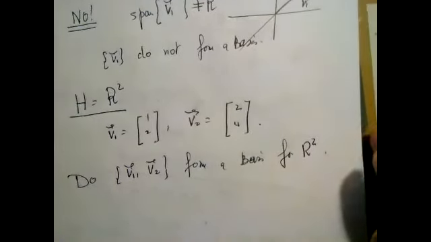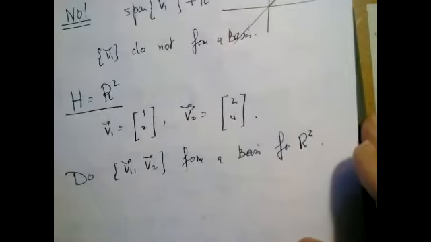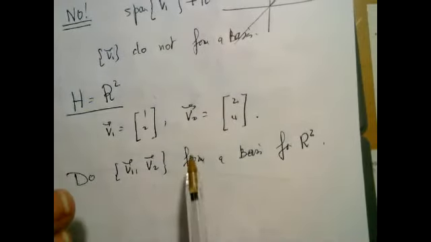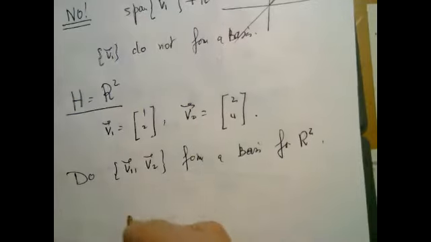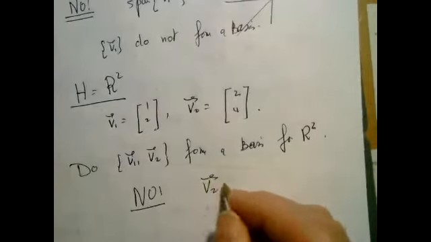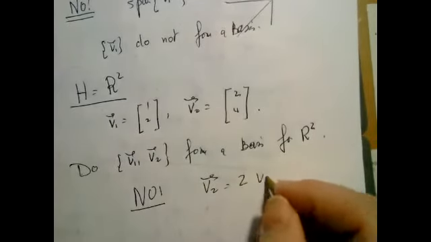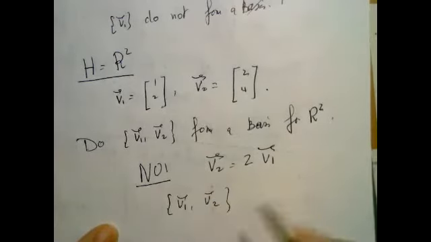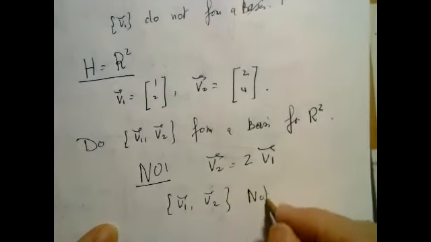Okay, yes, no. Absolutely no, because just by looking at them, for a basis you have to have independence. So no, because V2, of course, I gave them easy, is 2V1, so they are not linearly independent. So I don't really care about the span because already condition 1 is not satisfied, not linearly independent.